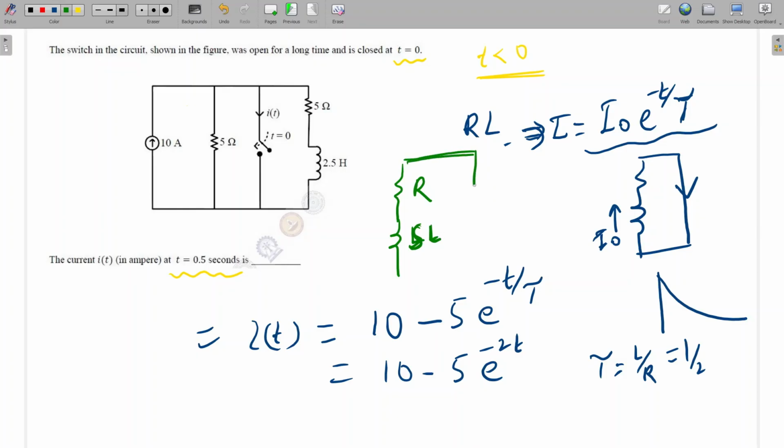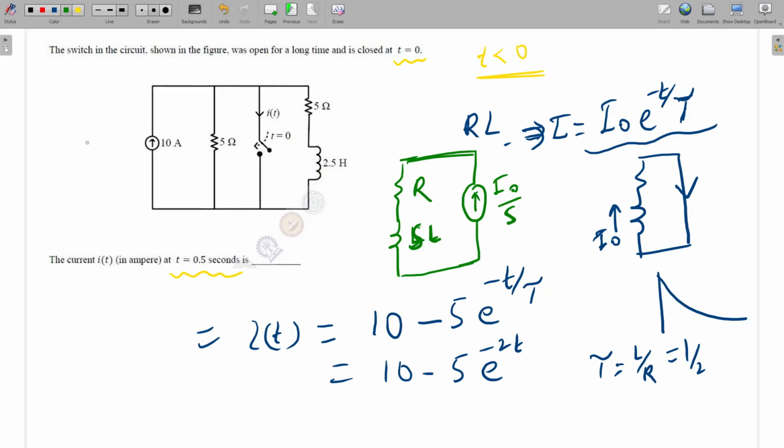And what will be the I naught? 5. I naught by S. The initial current only will be I naught.